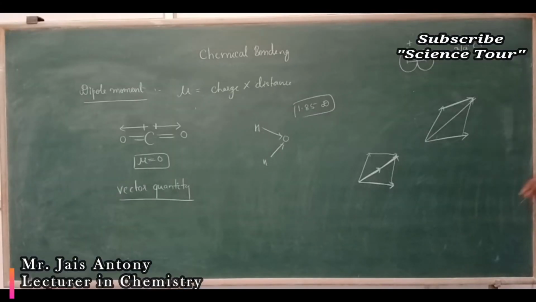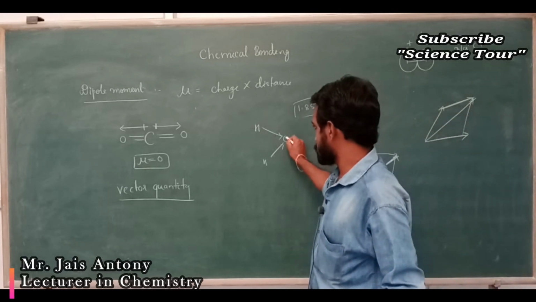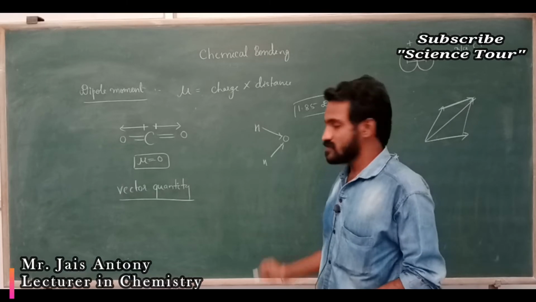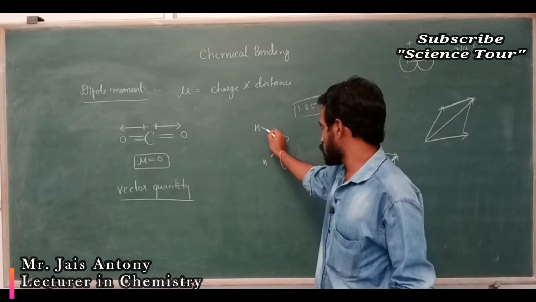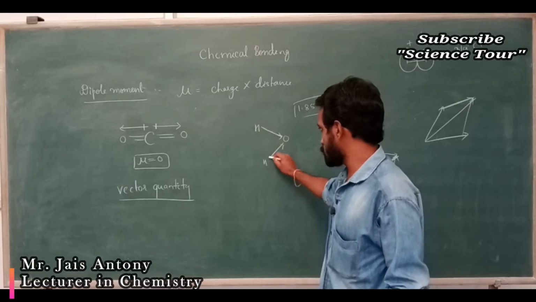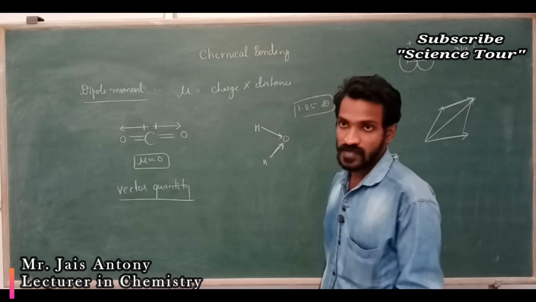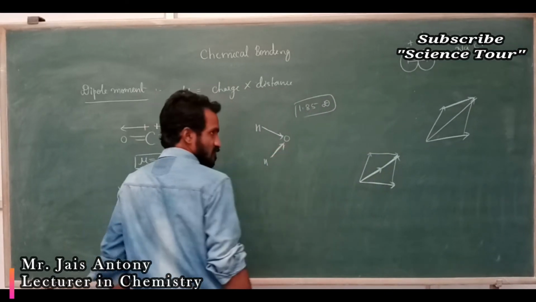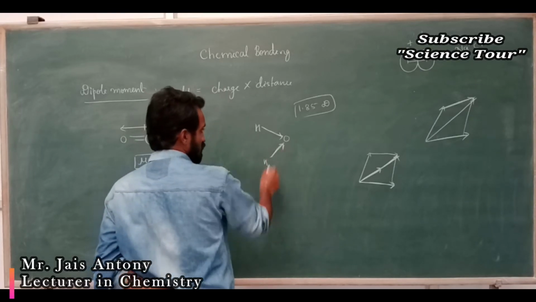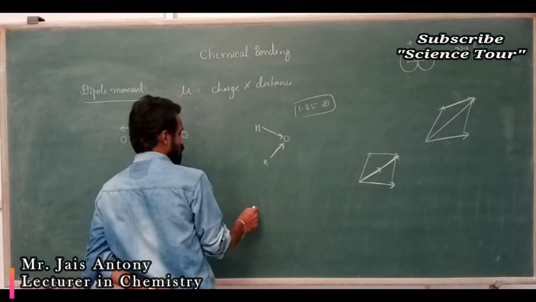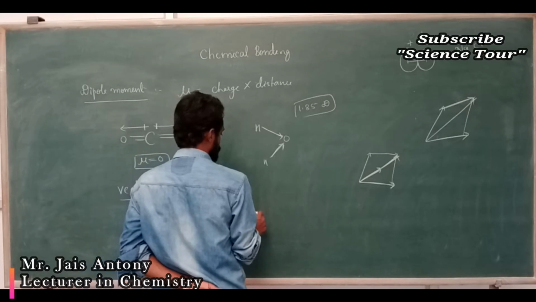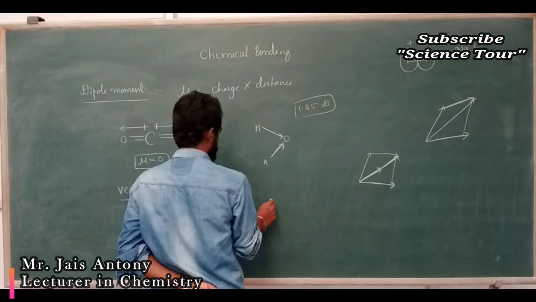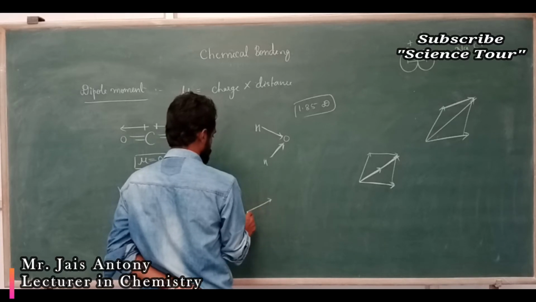So my dear students, for water, this is the H2O dipole moment. By taking the resultant vector, we will get the net dipole moment. For example, I will draw here, it looks like this, correct?